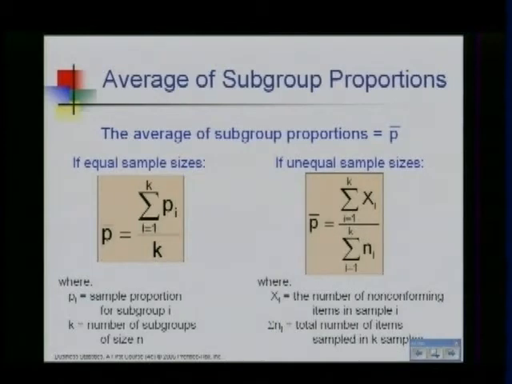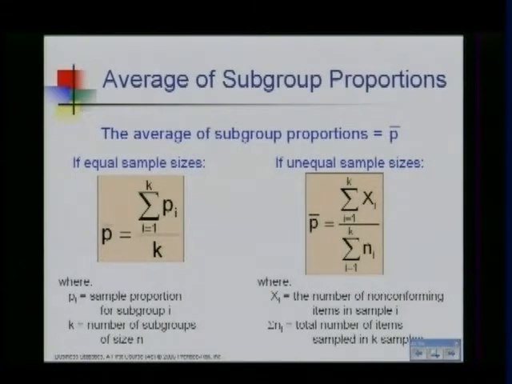Number of subgroups is K. So you need to remember, K is the number of periods on which I took observations. P is the sample proportion for each of those subgroups. So if I add those proportions and divide by the number of periods, that's going to give me the average proportion.